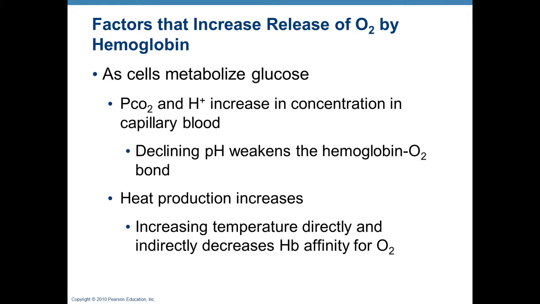So again, some factors that increase O2 release by hemoglobin. A lot of these things are going to be recurring themes from when you did cardiovascular, and hopefully some of these physiology concepts are starting to sound pretty familiar to you. All right, so when cells break down glucose and other nutrients, they do cellular respiration.